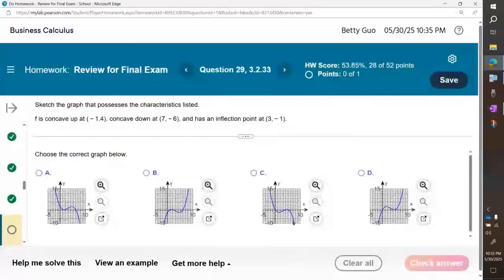Question number 29. Sketch the graph that possesses the characteristics below. f is concave up at 1 to 4, concave down at 7 to 7, this is not an interval, this is a point, and it has an inflection point at 3.91.